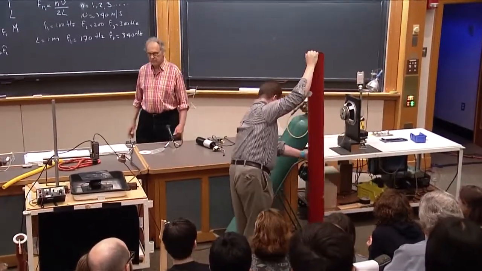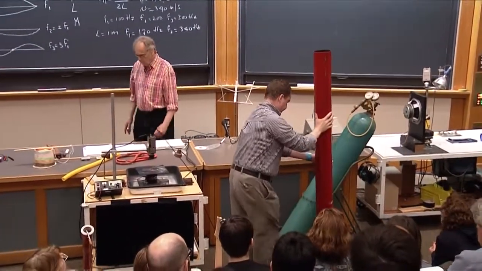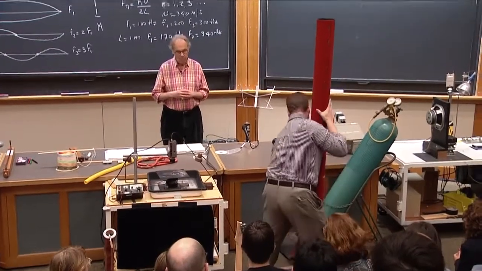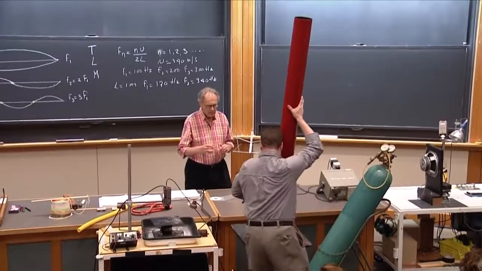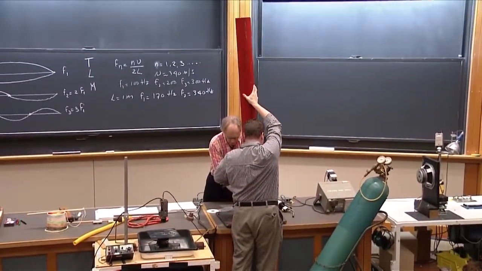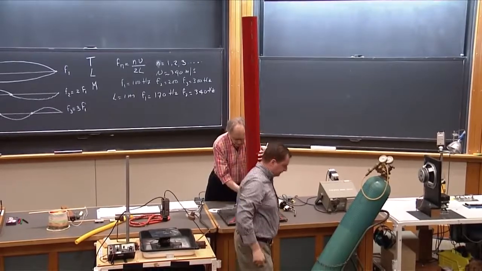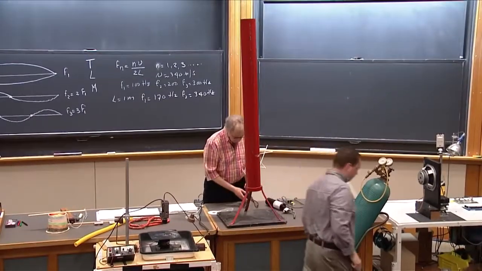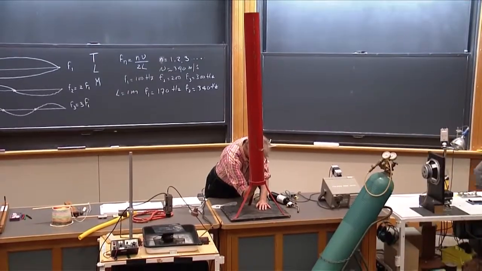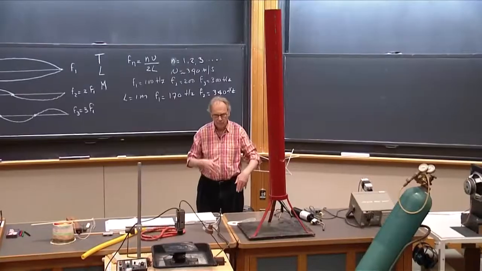Inside that pipe is a copper grid. Thank you, Bill. I know how heavy this is. Thank you. And I can feel the copper grid when I put my hand inside. There it is. It's about here. That's all there is. Nothing else. Open on both sides.